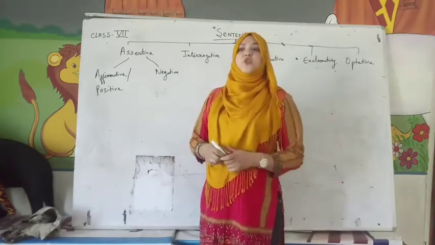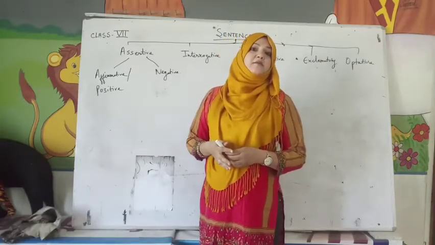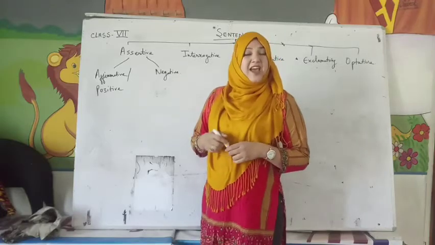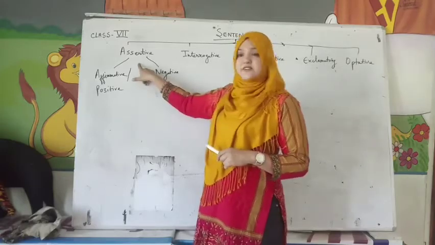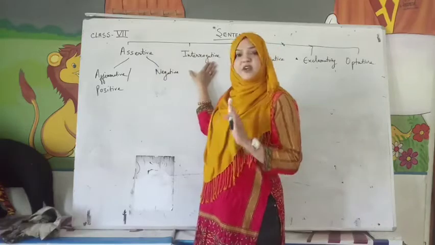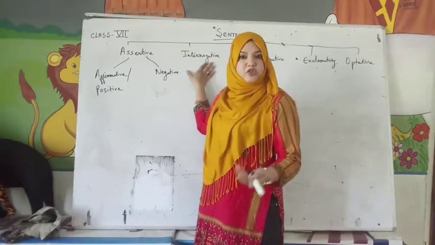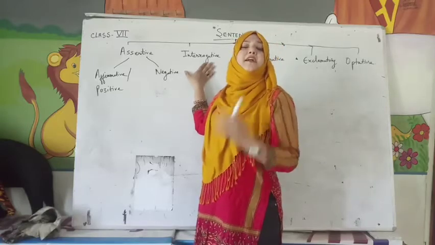How are you? Who did this? All these are interrogative sentences and they end with a question mark. So assertive sentences are simple sentences. Interrogative sentences are question form. Okay, any sentence which is asking a question is called an interrogative sentence.